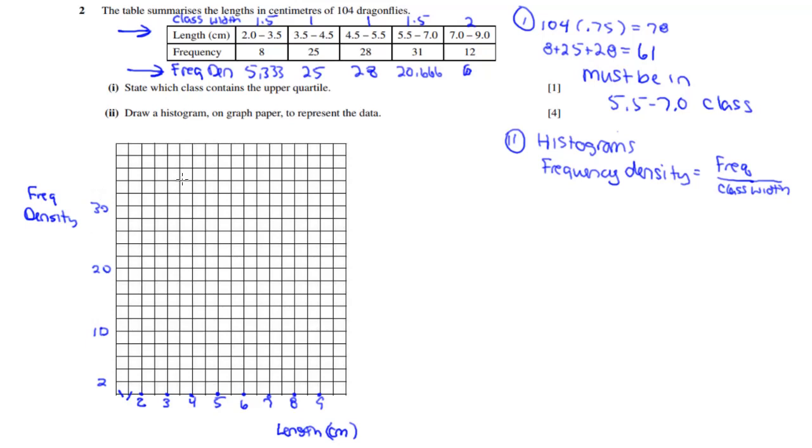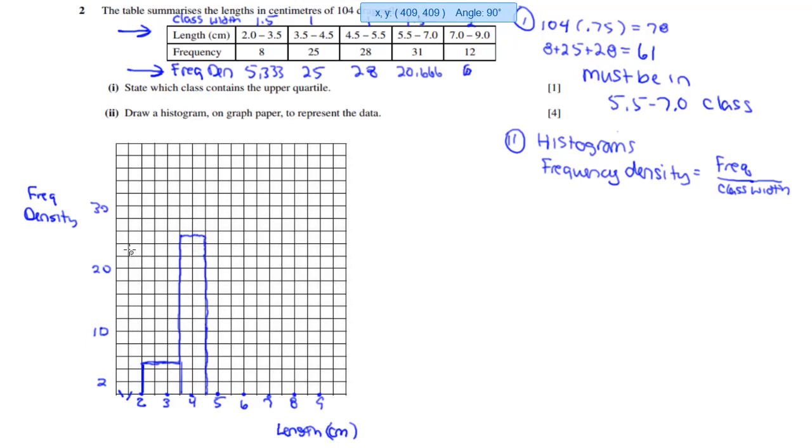And now all I got to do is make my class widths. Okay, so I got 2 to 3.5, and it's going to go up to 5.33. Make a little bar here. And then I'm going to go from 3.5 to 4.5, and that's going to go up to 25. And make sure that all the bars are connected.